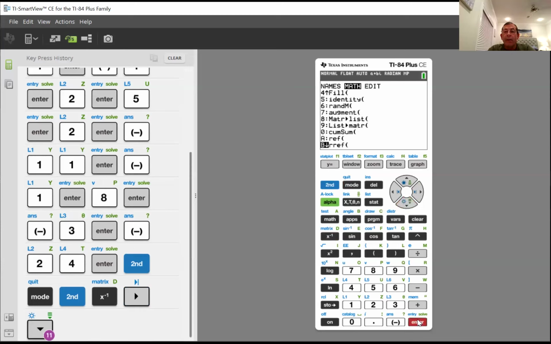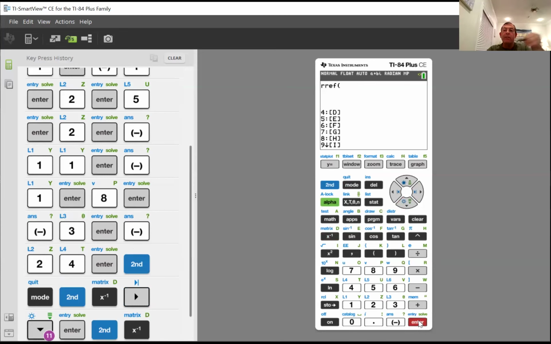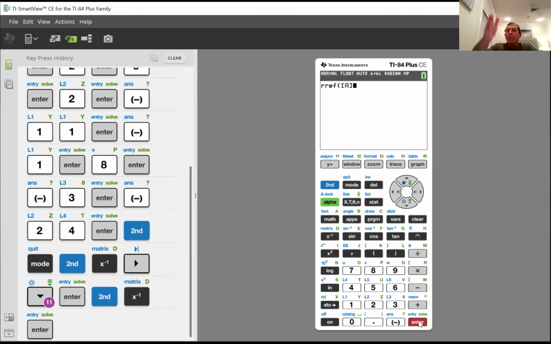Enter. And then second x -1 for matrix. Hit enter because A is highlighted. That's my 3 by 4 matrix. Y'all remember now the right column will be in order. The X on top, the Y in the middle, and the Z will be the bottom number. And y'all look at that. 3, -3, -1.